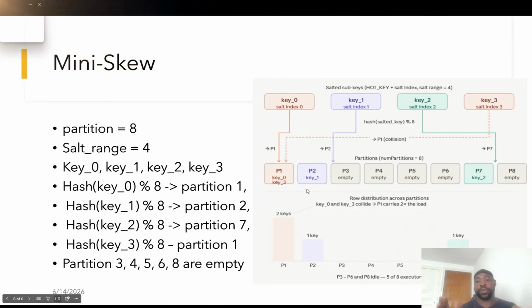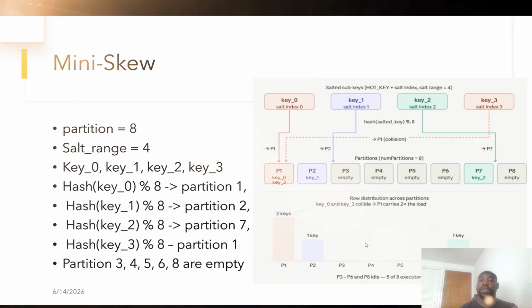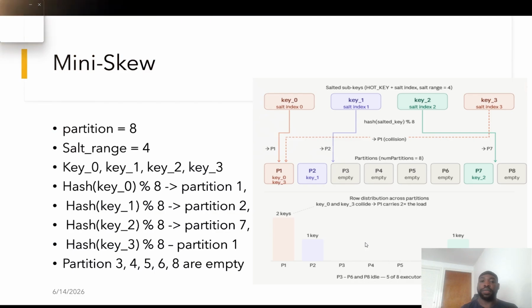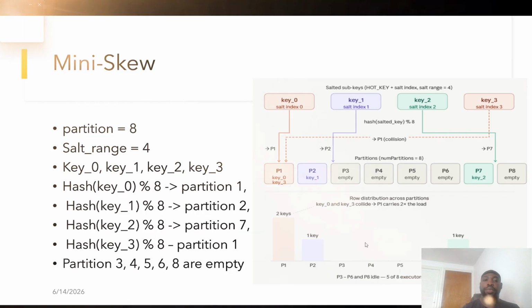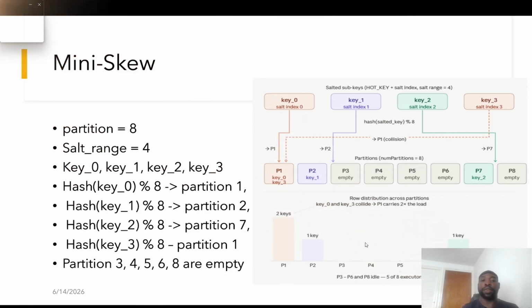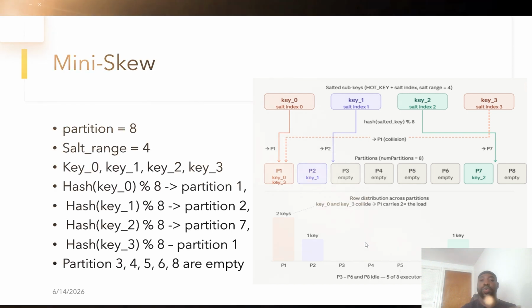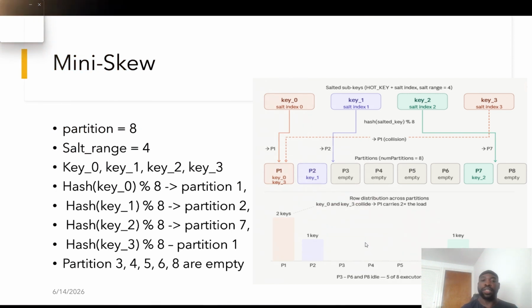Now, with that being said, there is a terminology called mini-skew. So how does mini-skew happen? Mini-skew happens when you perform your salting. During salting, you want to allow the data to be distributed across the partitions.